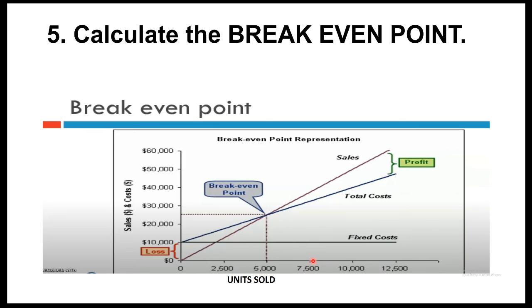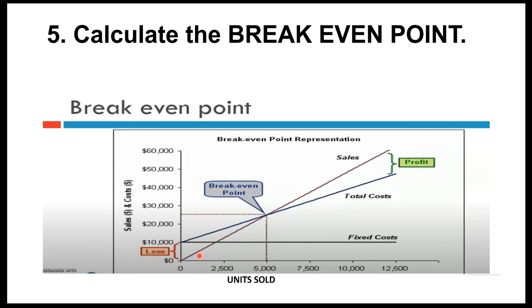If, for example, you sell 7,500 units, if we look upwards, then we will see that we've made a profit. So basically we have to sell more than 5,000 units to make a profit. This whole section over here is when we'll make a profit. On the opposite side, let's say we sell 2,500 units, then we are going to make a loss.